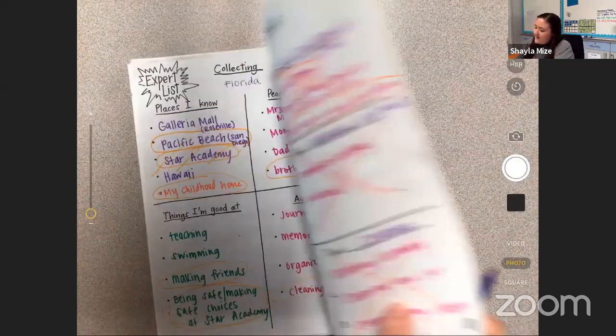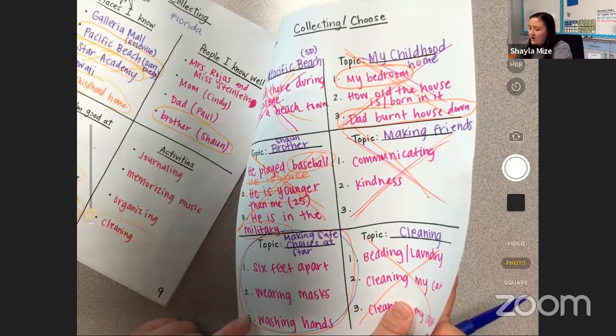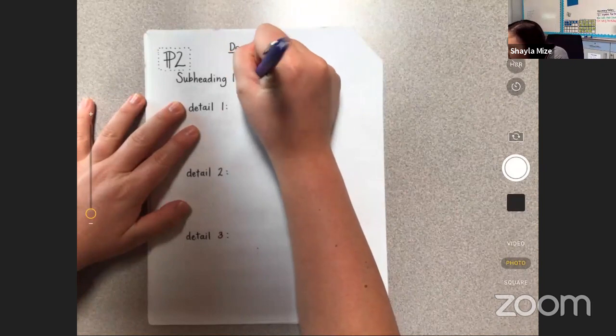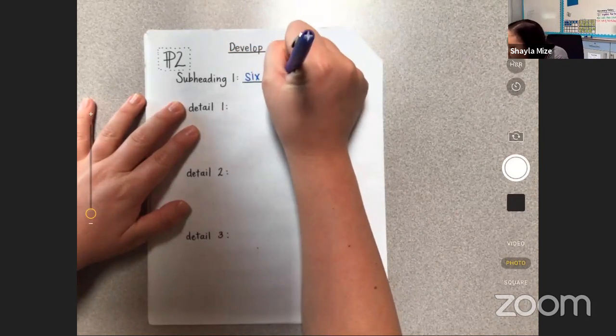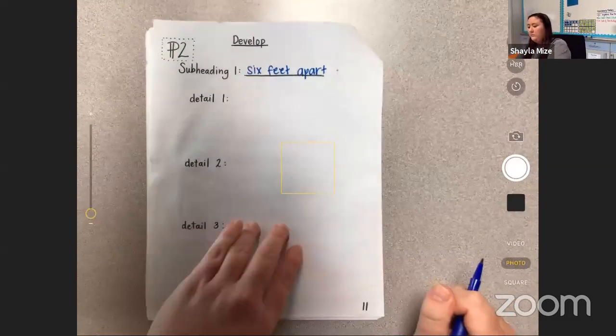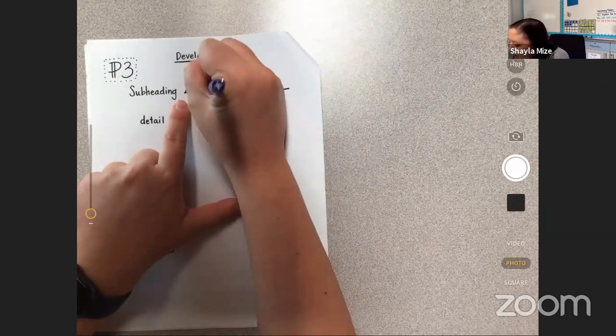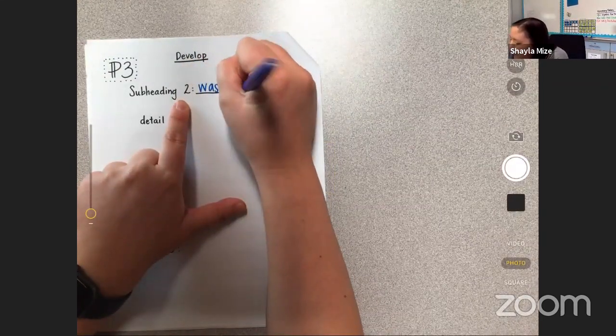And I'm going to have those 3 subheadings. So my 3 subheadings are 6 feet apart, wearing masks, and washing hands. So I'm going to write 6 feet apart. Page 13 is going to be washing hands.